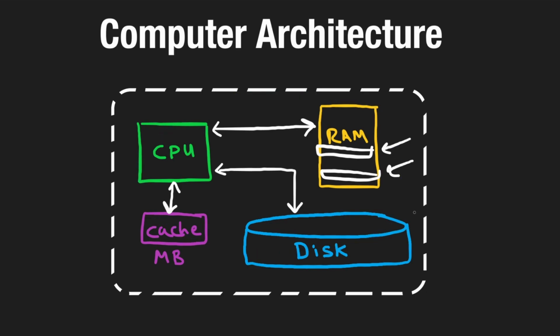Now, if you need more storage, well, why not just get a bigger disk or get multiple disks? Okay, fine. If you have really, really large programs, you could also get more RAM or a bigger cache, and you can do these things, but they all do have some type of hardware limitation behind them, and the biggest hardware limitation comes from our CPU.